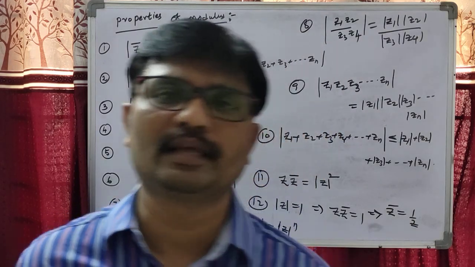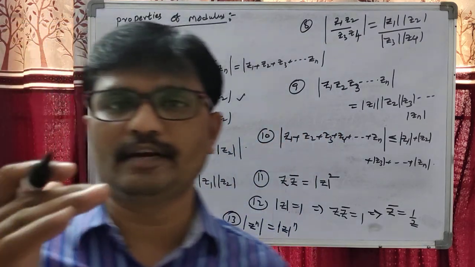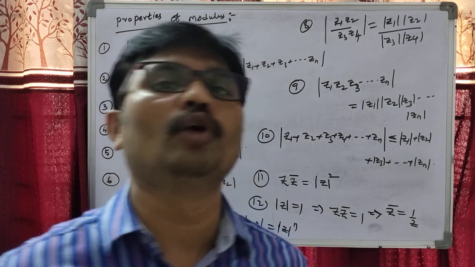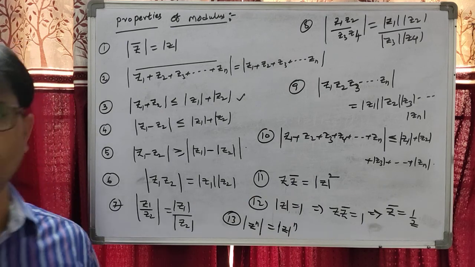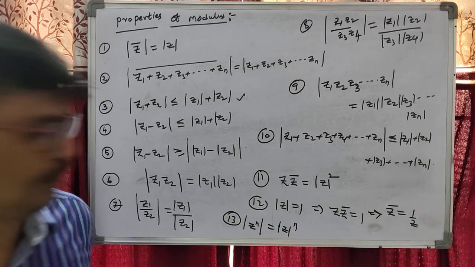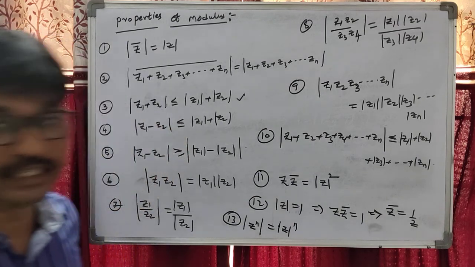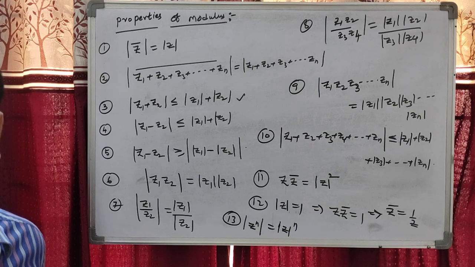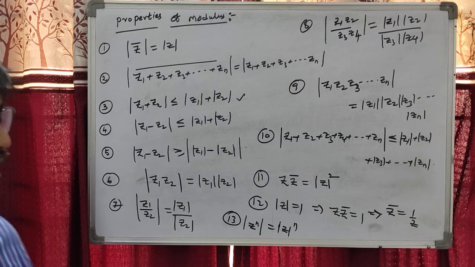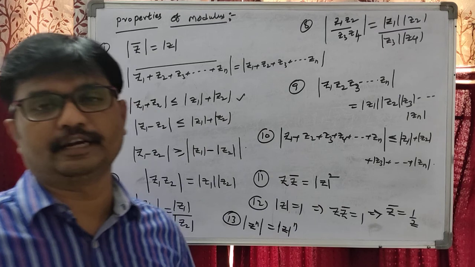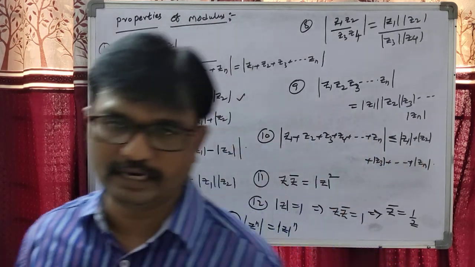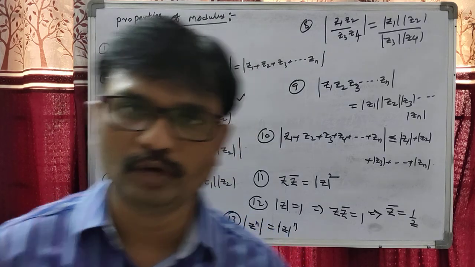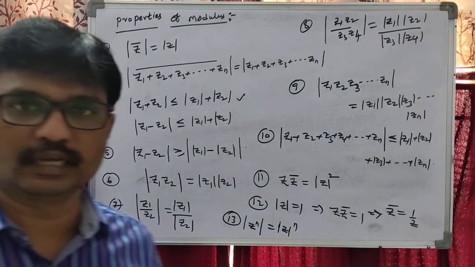Don't find (a + b)³ directly. First write |1 + i|, and then cube. Therefore |z^n| = |z|^n. This is also a very helpful property. These are all formulas exclusively for JEE Mains. Okay students, JEE Main, so all of you please concentrate on these properties.